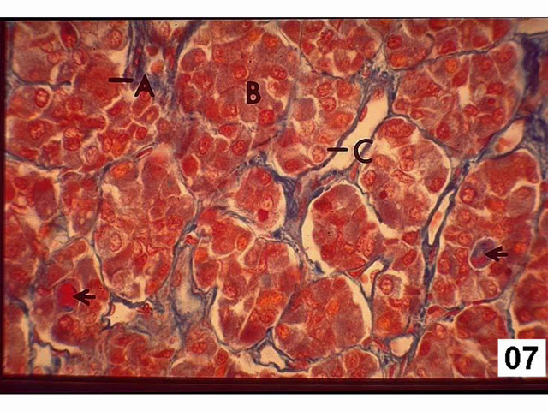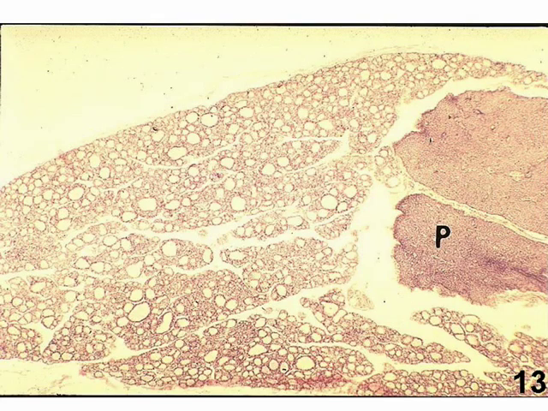So now we'll move on to the thyroid gland. This is a very low magnification of the thyroid gland, and I'm tracing with the arrow the outer extent of the thyroid gland that is present in this image.